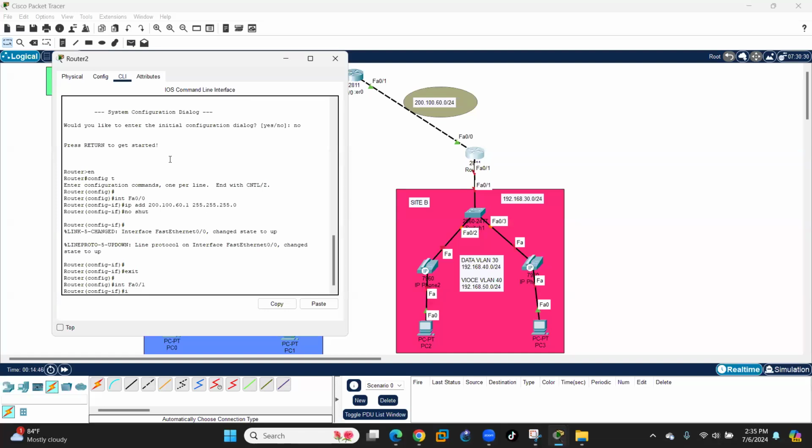What I'm saying is the interface is now FA0 instead of the gigabit. Look at the difference. The router we are using is the 2811. Okay, 2811, yes, that's the router I picked. So pick that router.